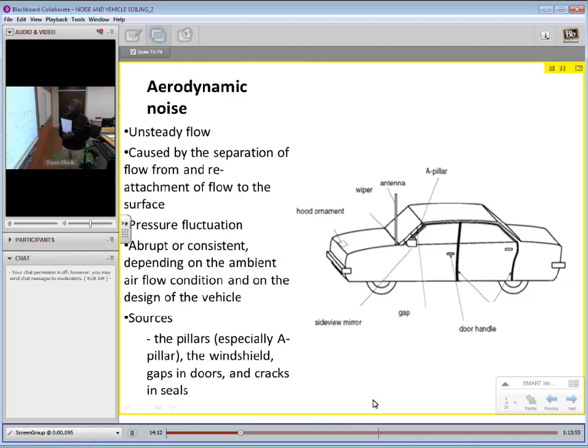Taking care of these and ensuring that they are addressed to reduce the noise goes into the added cost in typically high quality vehicles. It's not just the engine design that makes those vehicles expensive. It's taking care of what are otherwise referred to as little details.